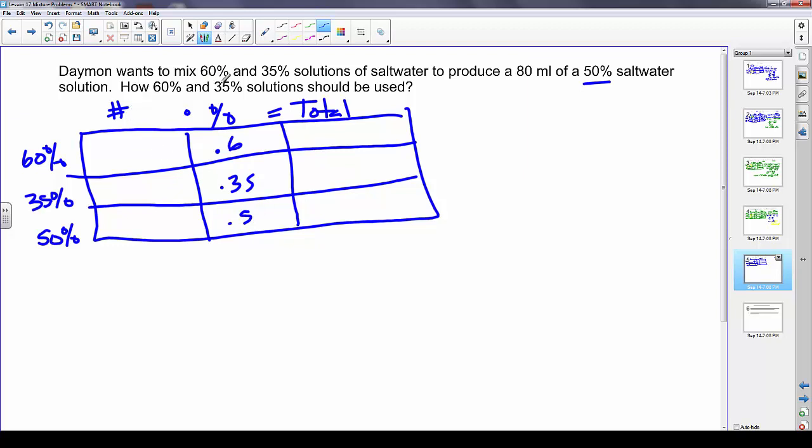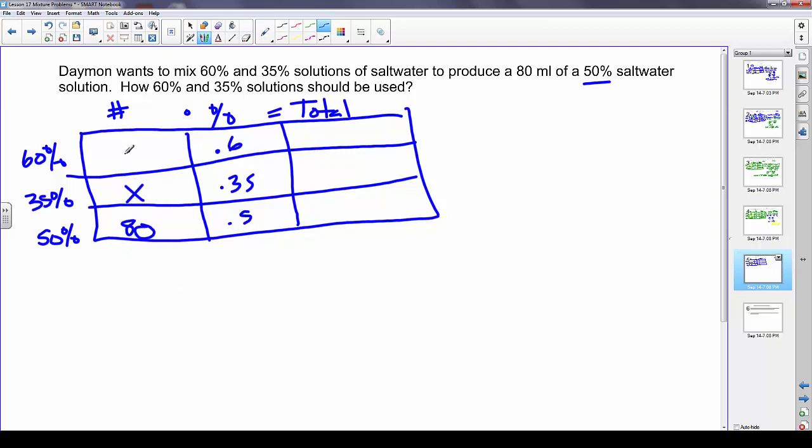And it said he wants to mix quantities of each amount to get 80 milliliters of this 50% solution. So in the end, I have 80. This problem is a lot like the adult and student ticket problem. I end up with 80 total. One of my unknowns has to be x. I'll call it this guy here.